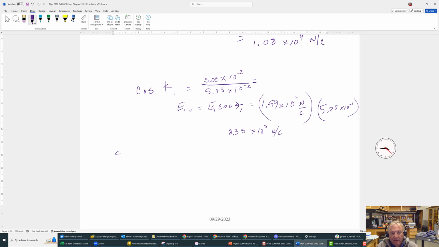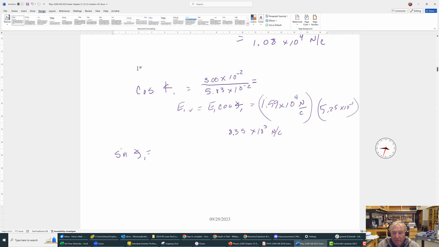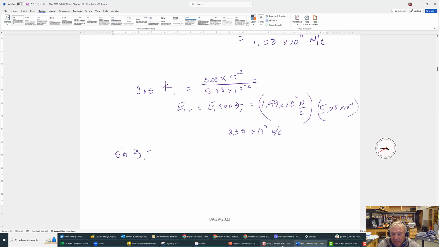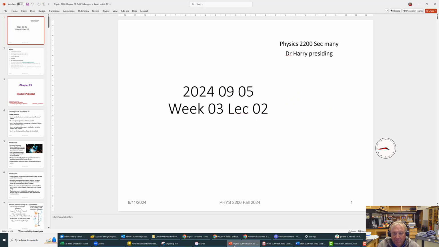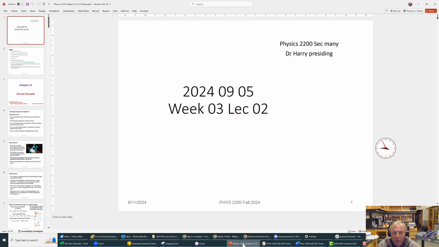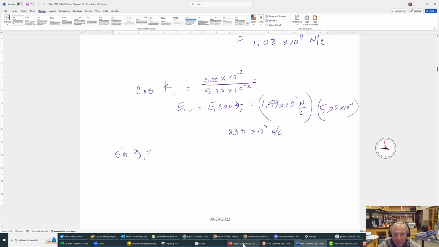And now we notice that the sine of angle 1 is going to be opposite over hypotenuse. And, oops. Well, where was we? For the life of me, I don't even know why I'm looking there. Okay.